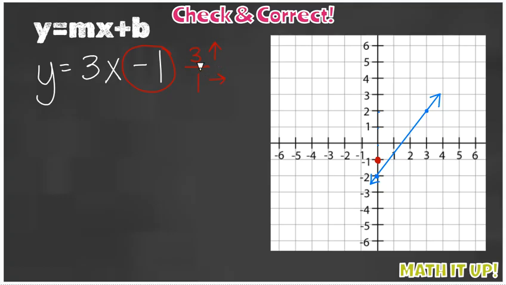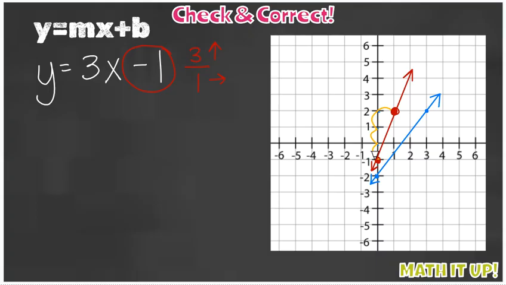Positive, I'm going to go right. So here we go. I'm going to count that off. So 3 up, 1, 2, 3, and 1 right. Puts me right here, which means my line looks like this, and I'm going to add my arrows here and here, and there we have it.